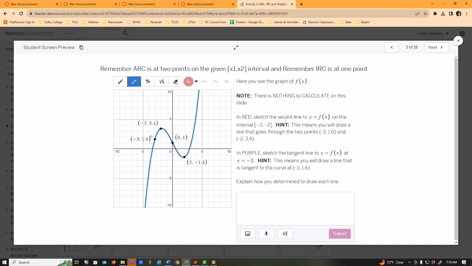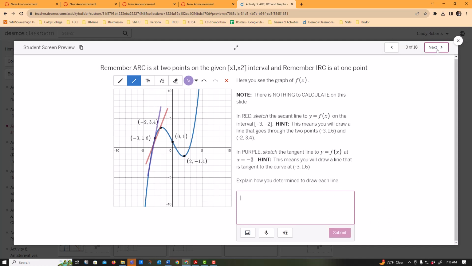You can actually even get the line tool here, and I think it would be that line. Then in purple, sketch the tangent line at x equals -3, so it only goes through that 1 point. I kind of told you what to explain, so be sure and explain that.